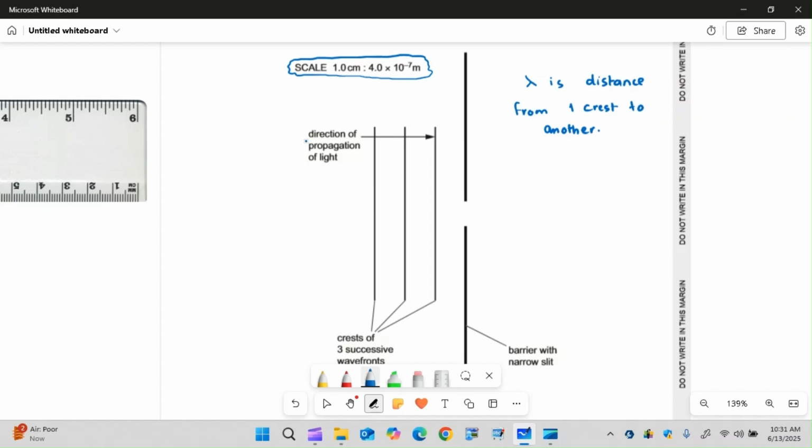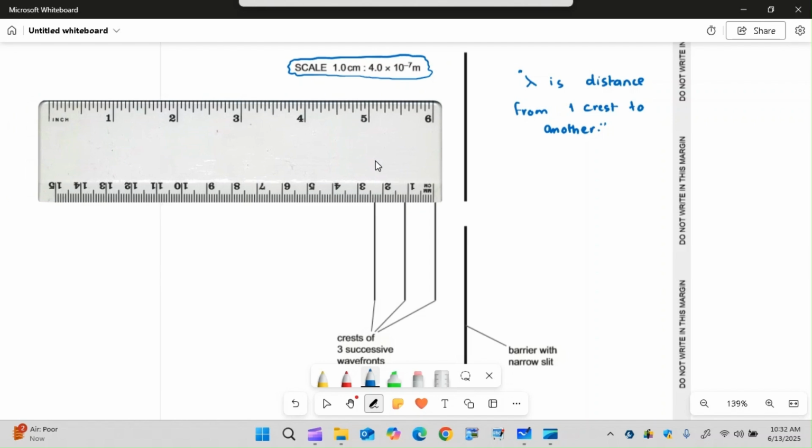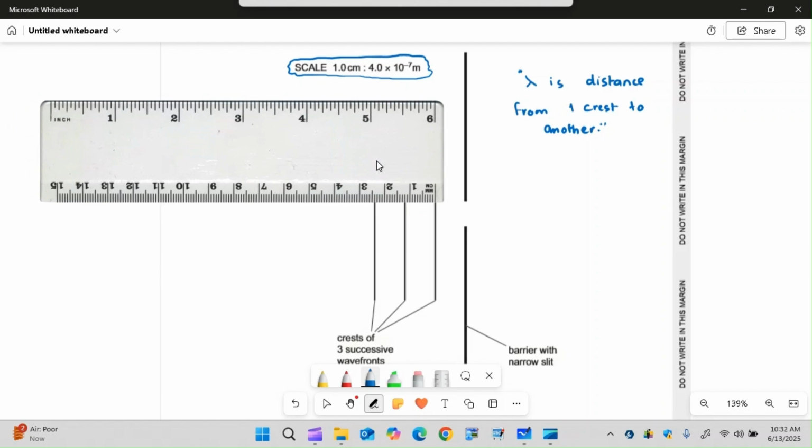So we are supposed to find the wavelength. The definition of this I just wrote here. For that purpose, I am going to use the scale, and if you look at the scale, the distance from one crest to another crest, this one is 1.2 centimeters.